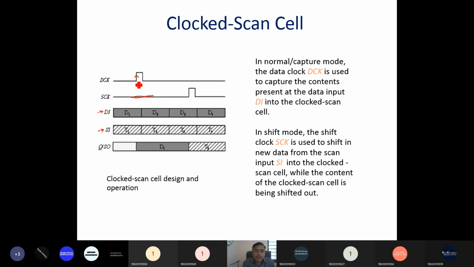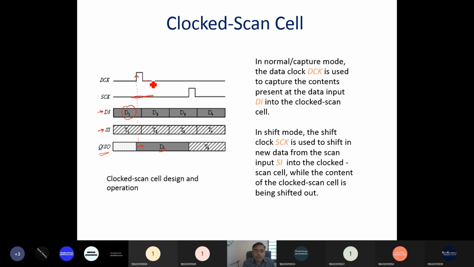So when the data clock is high, at that time it transfers the data, whatever it is at that time, which is D1, so it transfers D1 into the output. So now the output has D1, right?